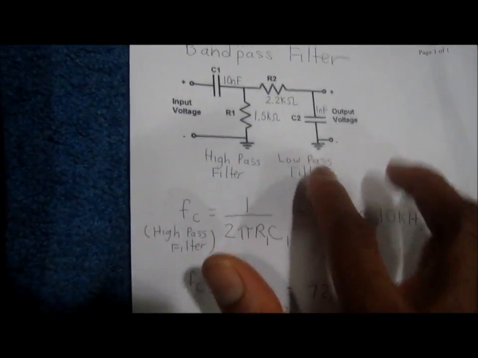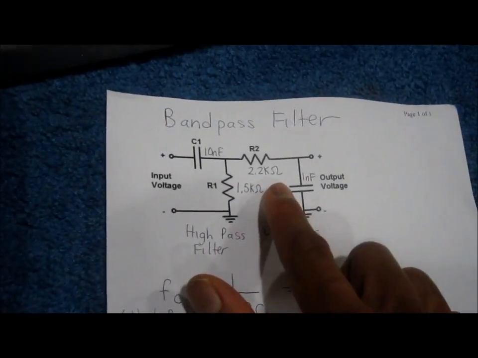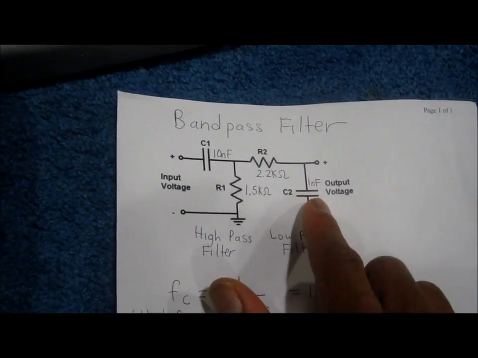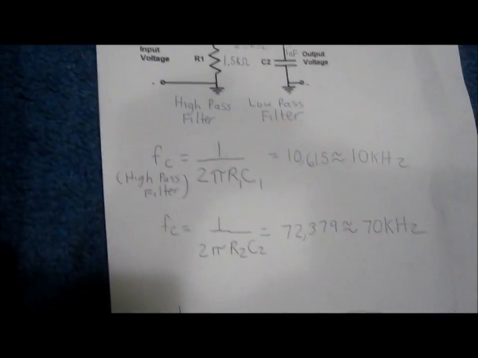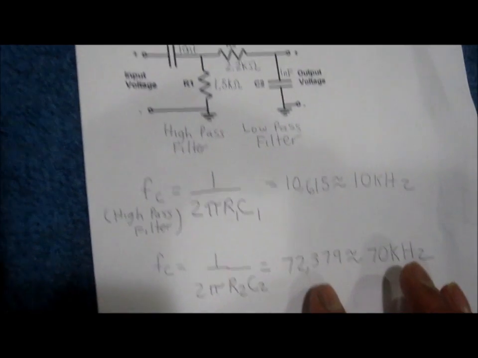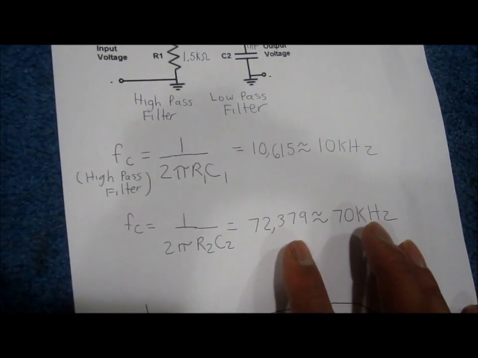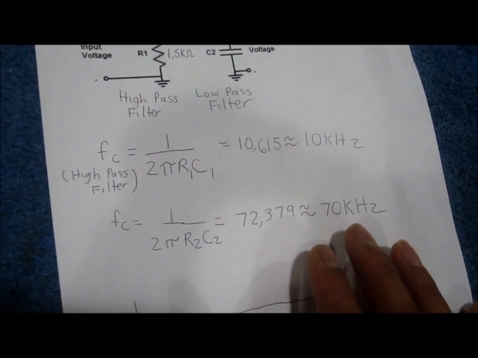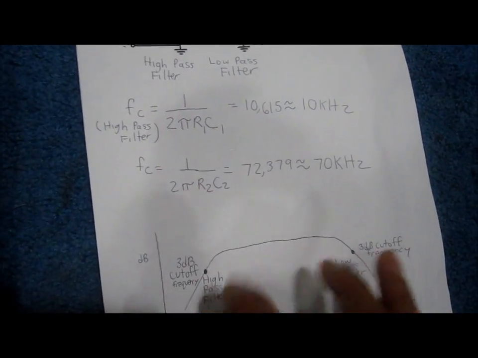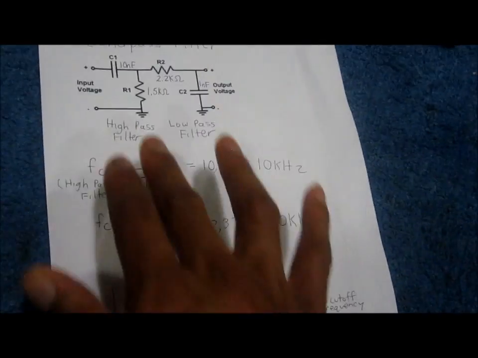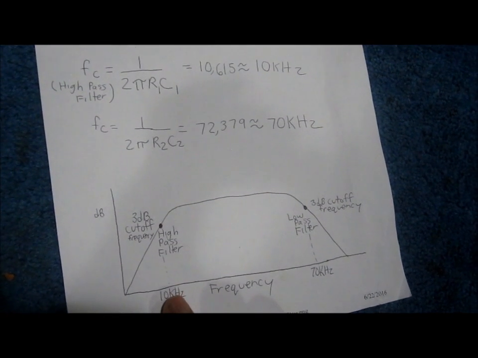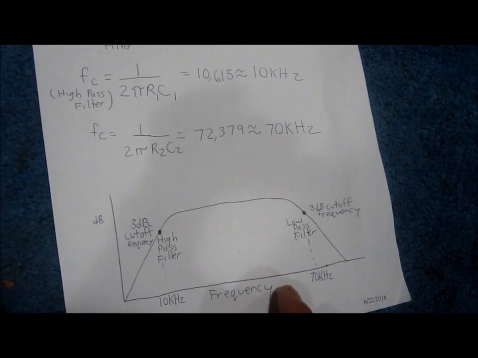And then for the low pass filter, I use a 2.2 k-ohm resistor and a 1 nanofarad capacitor, and that creates a frequency of about 72.3 kHz, which you can roughly say is 70 kHz. So the passband for this circuit with these values is approximately 10 kHz to 70 kHz.